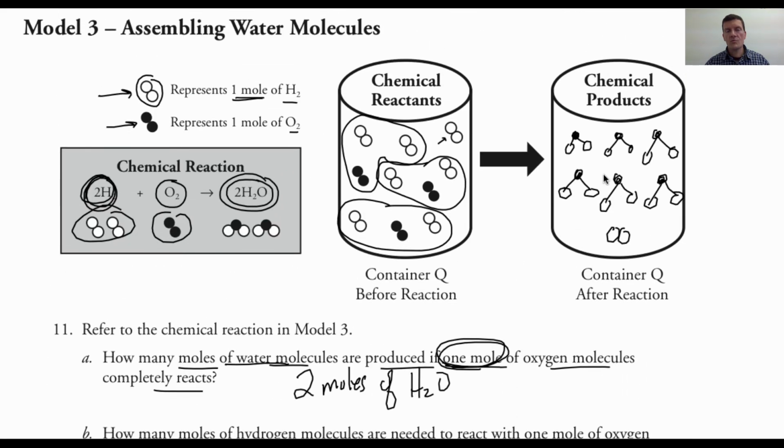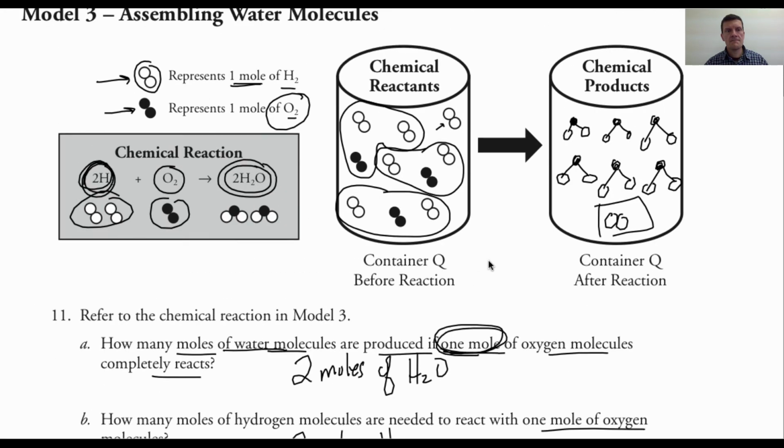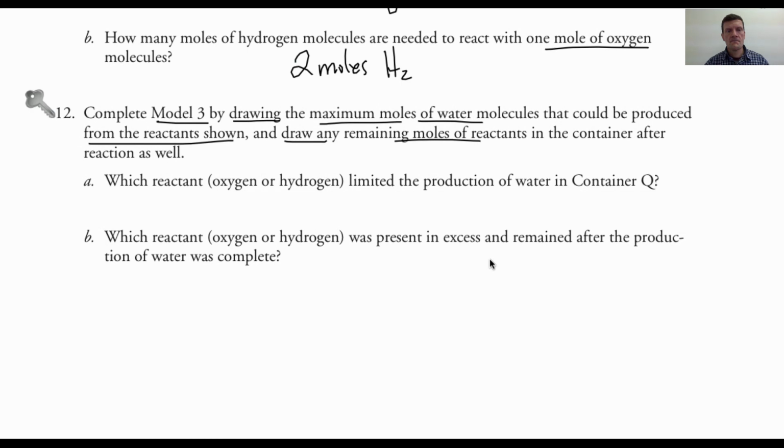So we're going to ask this question. I know it's going to be asked. Which one of these is the limiting reactant? It is the oxygen. The oxygen's all gone, and we have some hydrogen left over. Which reactant limited? It is the oxygen. Which reactant, hydrogen, was present in excess and remained after the production was complete?